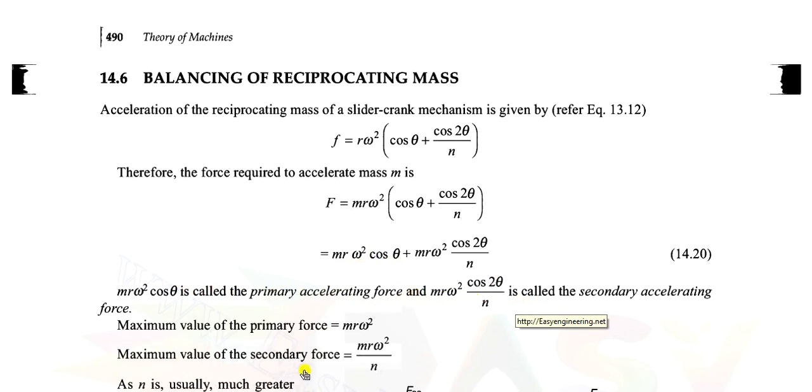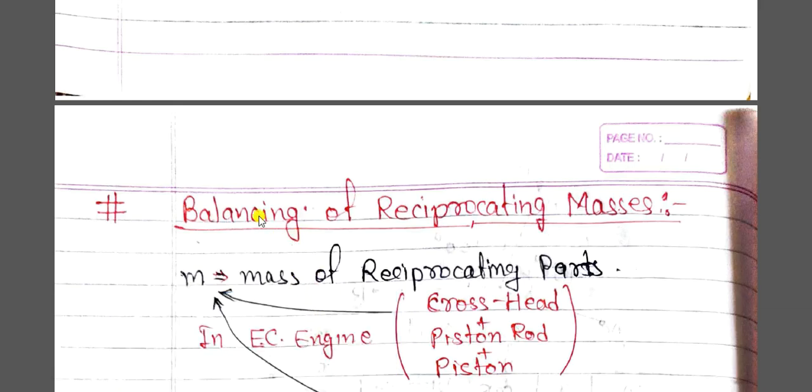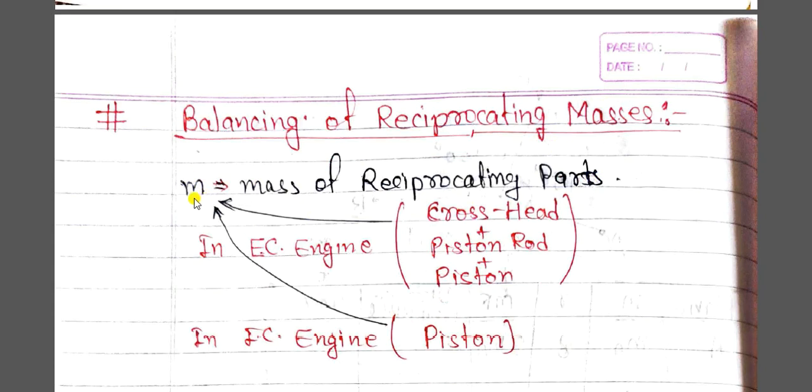Now I will open my notes and explain something from there also. Balancing of reciprocating masses. You have to remember, if m is the mass of the reciprocating parts and your engine is an external combustion engine, then the mass will be crosshead plus piston rod plus piston.